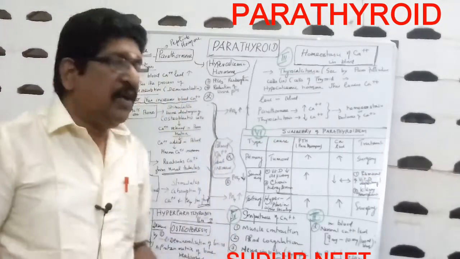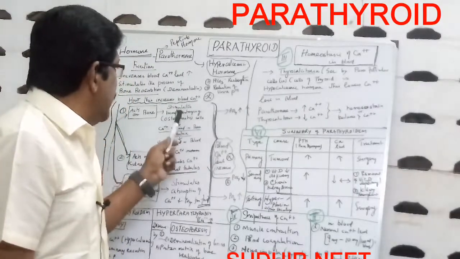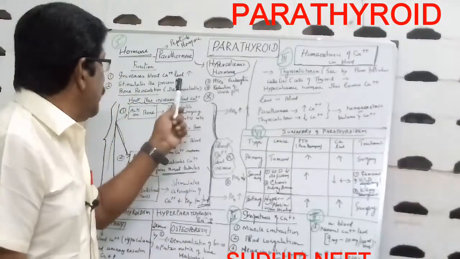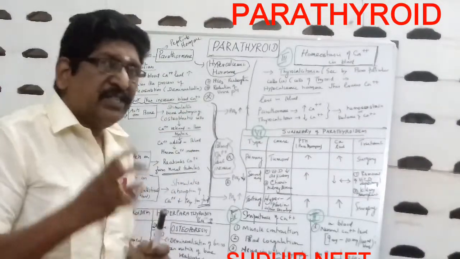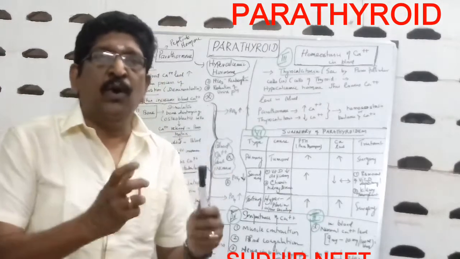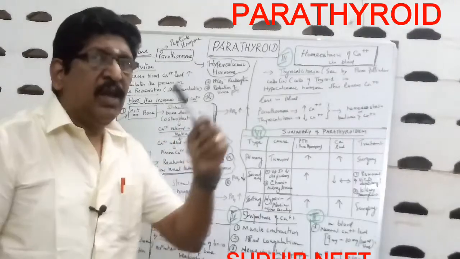Let us see how. First, let us take up the bone. It stimulates the bone-destroying osteoclastic cells. I told you, demineralization. What do you mean by the osteoclastic cells? They are the cells that destroy the bone.